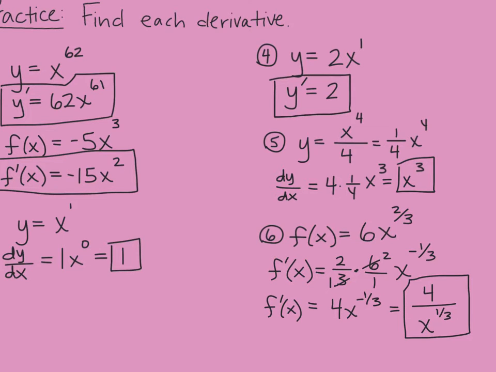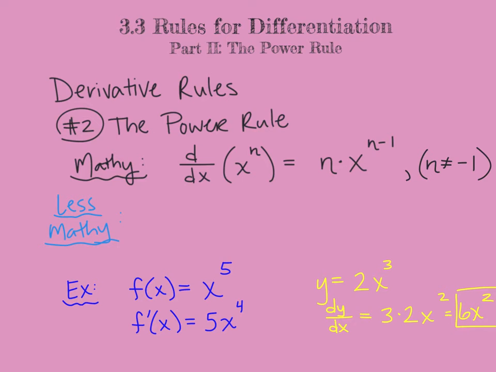Let's go back to write out the less mathy way for our power rule. To write this power rule in a less mathematical way, we can say move exponent out front, and then the new exponent is 1 less.